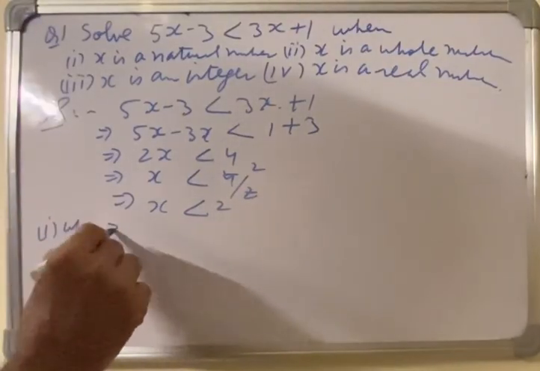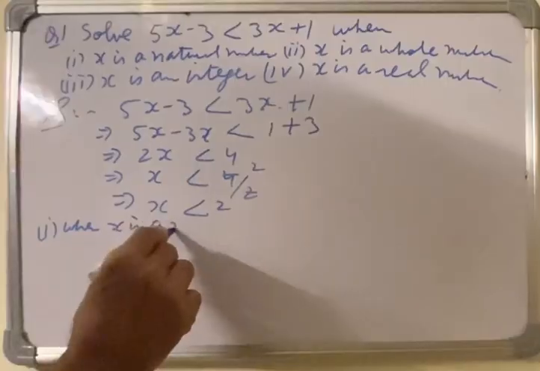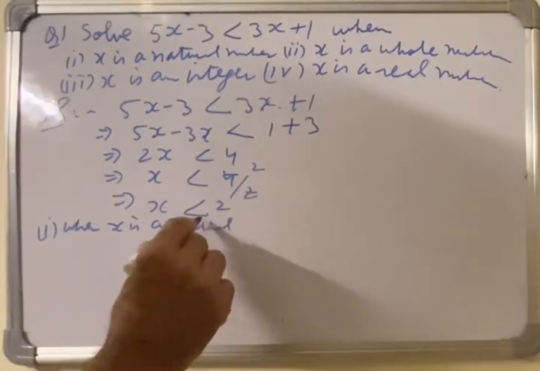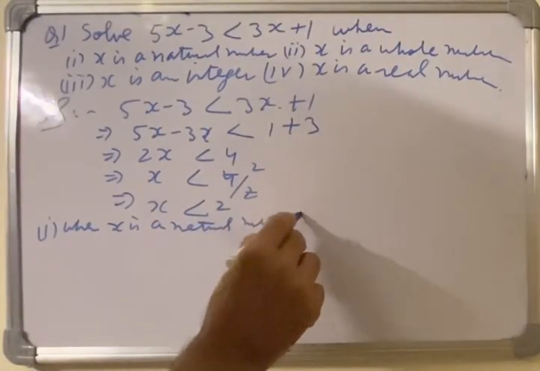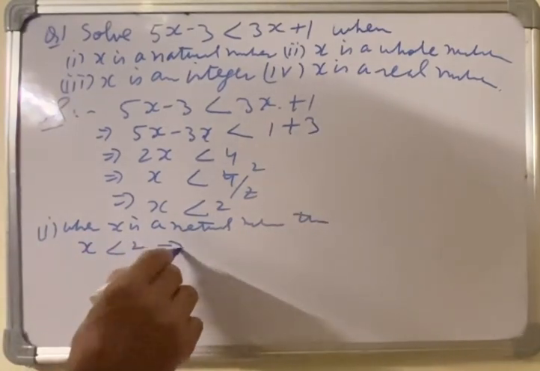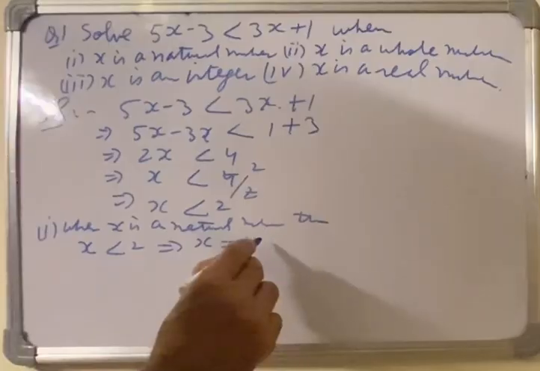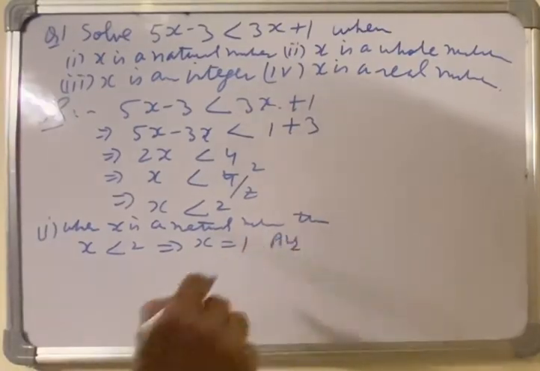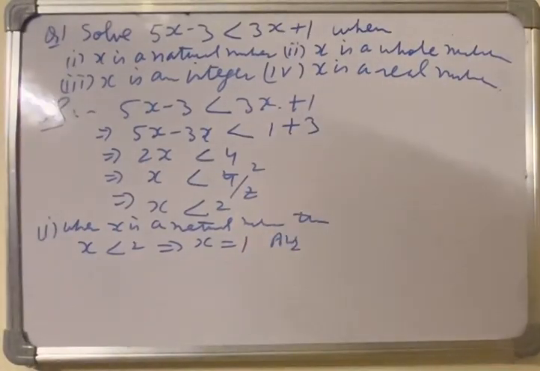when x is a natural number, then x less than 2 implies x is equal to 1, because there is only 1 which is a natural number less than 2.